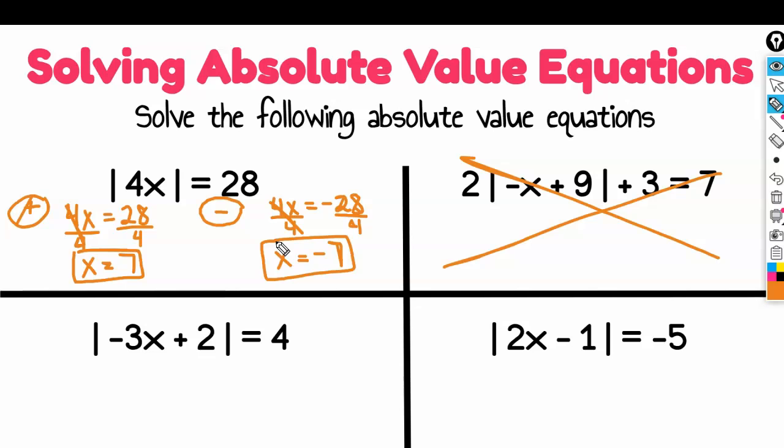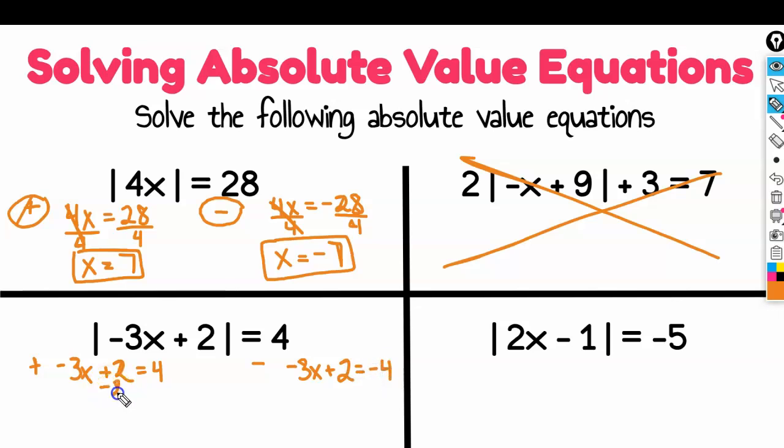Okay, when I'm looking at my next question, again, I have to split it up into it equaling positive 4. And remember, once I do this step, I don't have to draw the absolute value lines anymore. So I have either negative 3x plus 2 equals positive 4, or negative 3x plus 2 equals negative 4.